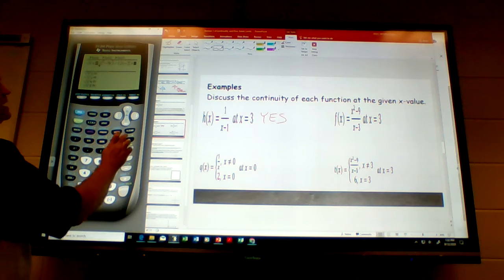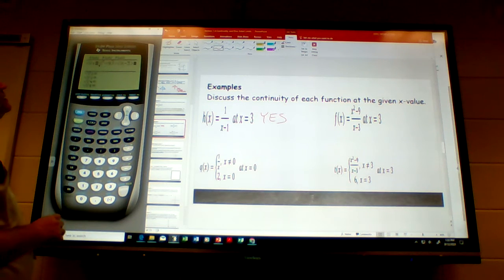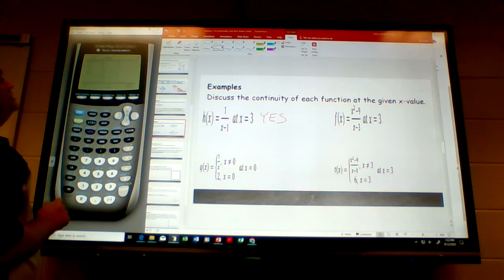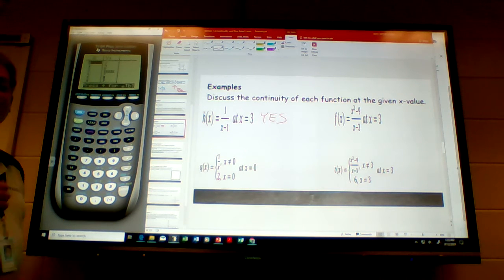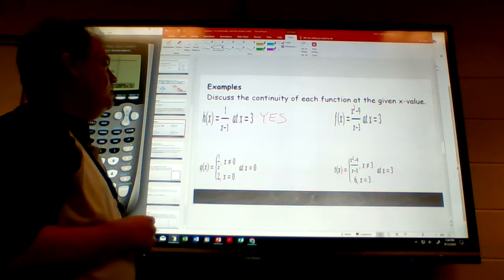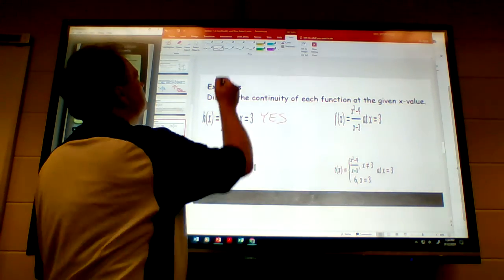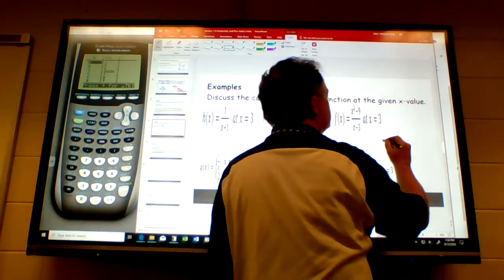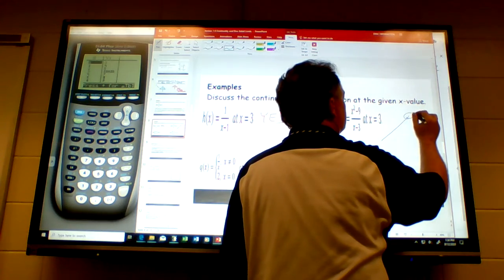All right. And then if you hit the graph button, just like this, you're going to get a line. But if you go to your table, you will notice that there is an error at x equals 3. That's that hole we talked about.